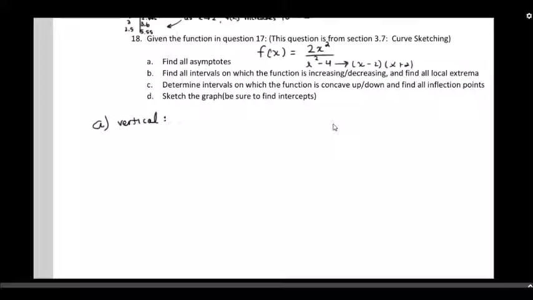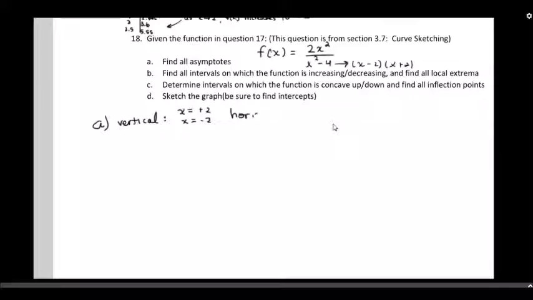We can't divide by 0. That's why the vertical asymptote is there, to prevent the graph from crossing through those x values. So the denominator would equal 0 when x is 2 or negative 2. So we're going to have vertical asymptotes at x equals positive 2 and x equals negative 2.